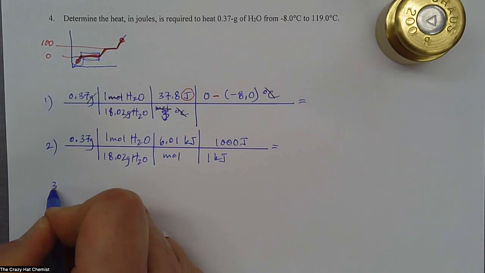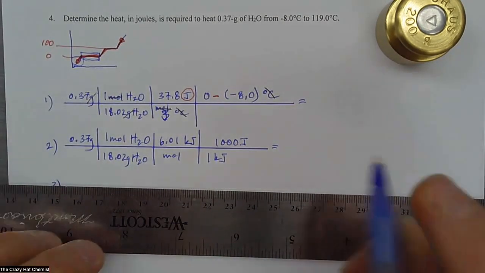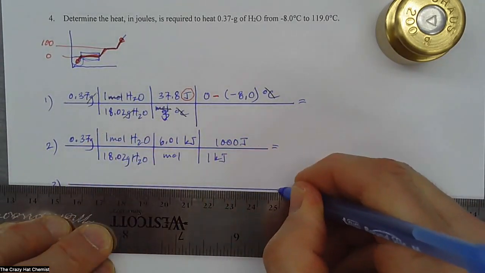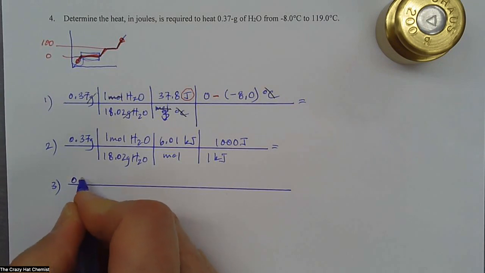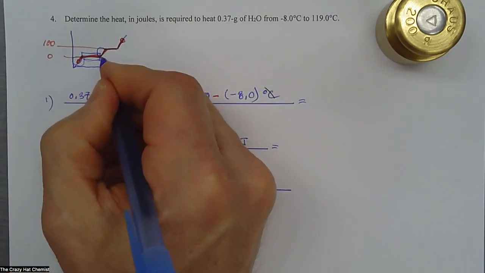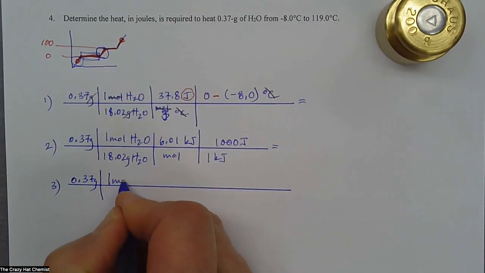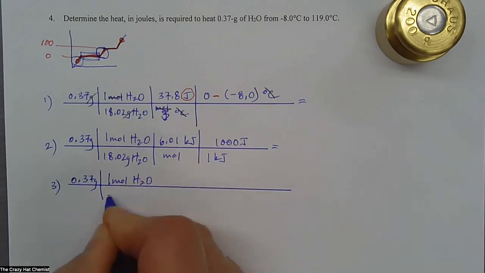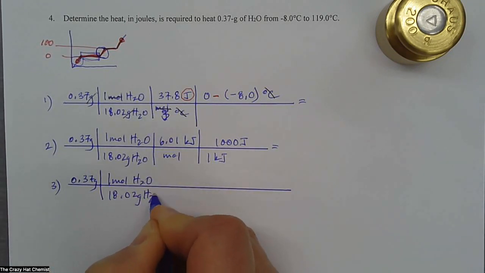Step number 3. Let's draw a line right here for step number 3. Okay, perfect. So our 0.37 grams, we still have that. By the way, where are we? We are doing this step right here on our graph. It's 1 mole of H2O and 18.02 grams of H2O.